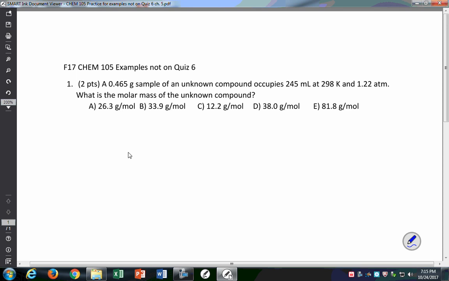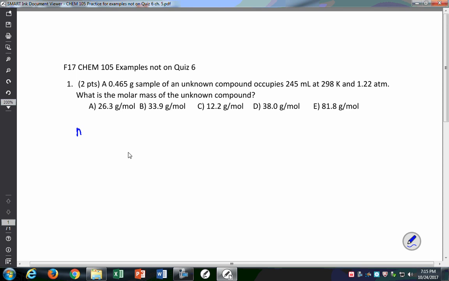So this is a gas equation. We're told a 0.465 gram sample of an unknown compound occupies a volume of 245 milliliters at 298 degrees Kelvin and 0.122 atm. And we want to know the molar mass.